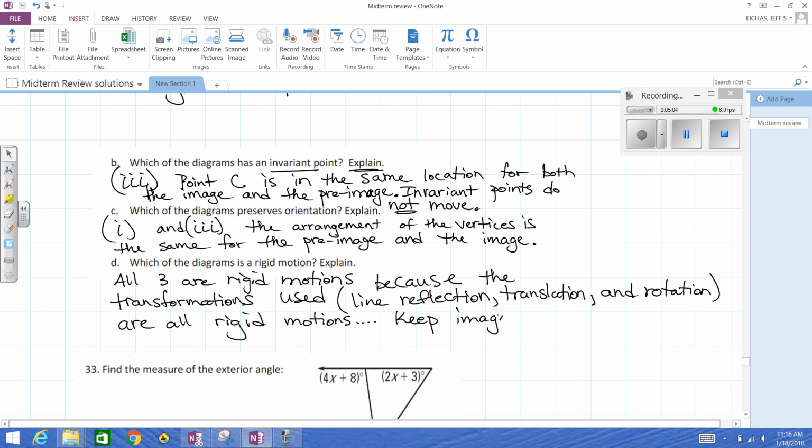Keep image congruent to pre-image is what it means. So none of them change size. Those are some of the things you've got to say for rigid motion.